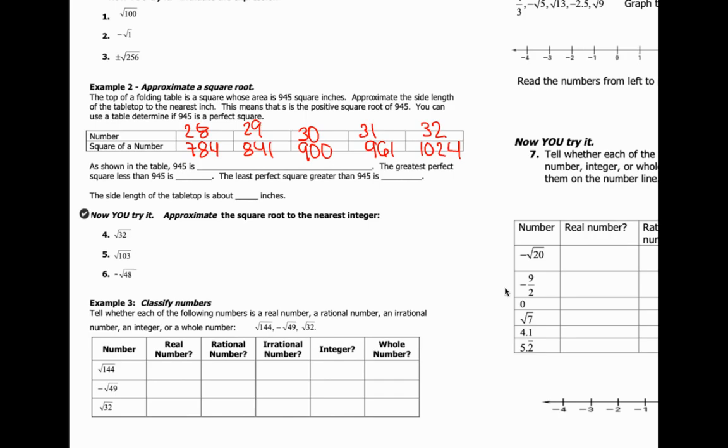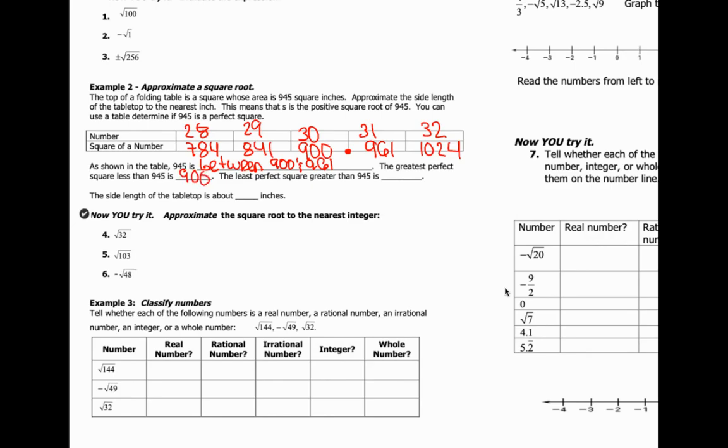So that means that 945 falls somewhere in here between 30 and 31. So it's between 900 and 961. So the greatest perfect square less than 945 is 900.